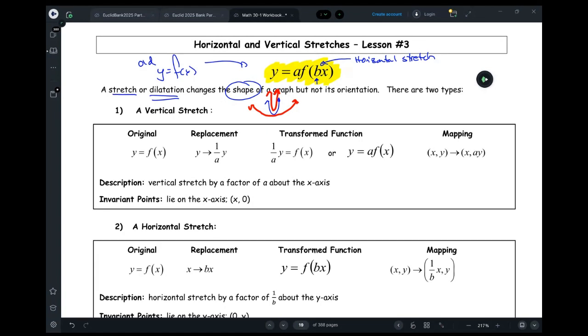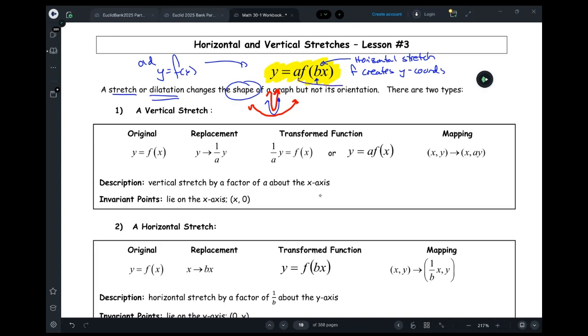Then f takes what's inside and creates y coordinates. F, the function, takes the new value of the independent variable. So I multiplied x by b, got it. Then the function changes that into a y coordinate.